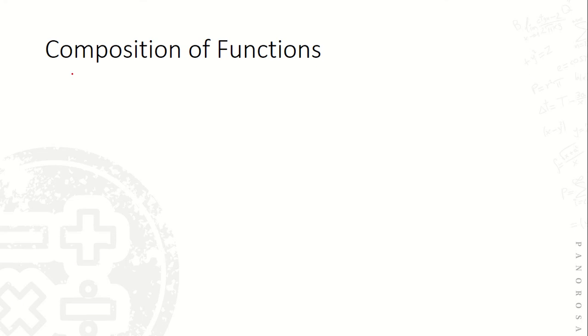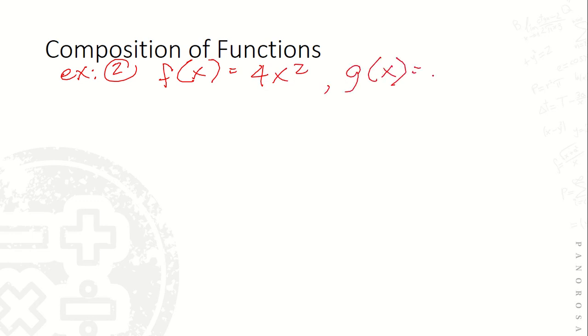Okay, let's have another example. So example 2. Example 2, for example, you have f of x equals 4x squared. G of x equals x minus 1.